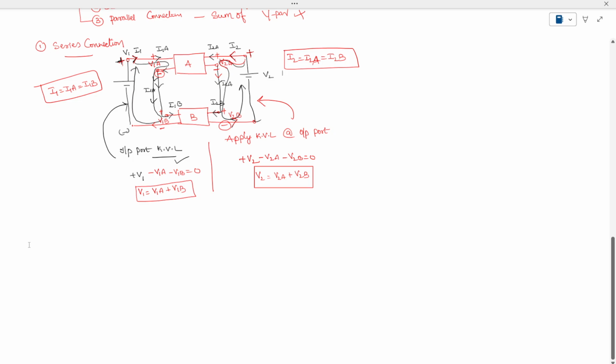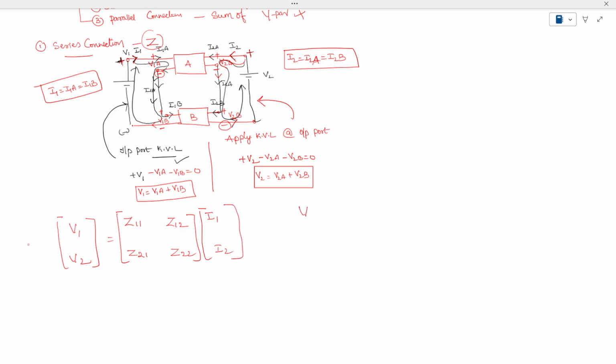So here I am writing the equations in terms of Z parameters. In series connection, Z parameters play a crucial role in characterizing the parameters of a series network. Here we have V1, V2, the input voltages, is equal to Z11, Z12, Z21 as well as Z22 multiplied with I1, I2, which is one matrix.